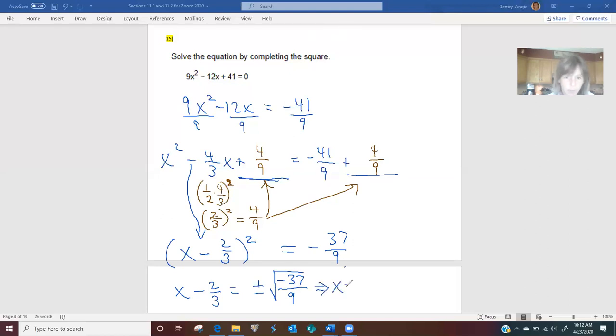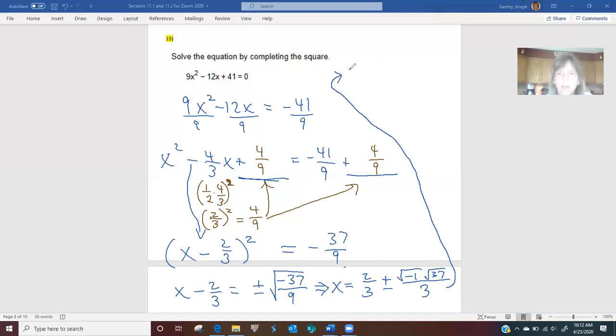So x equals, see how I'm going to move that 2/3 over now? And then it's plus or minus square root of negative 1 times square root of 37. Square root of 9 is just 3. And I have to write up here, sorry folks, this is very messy.